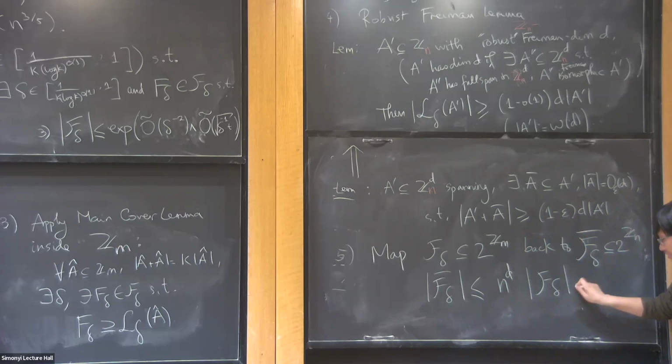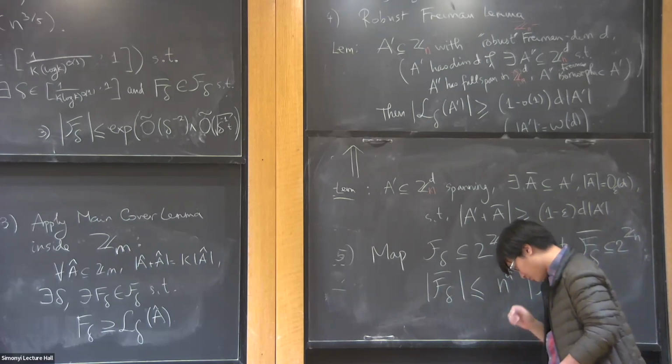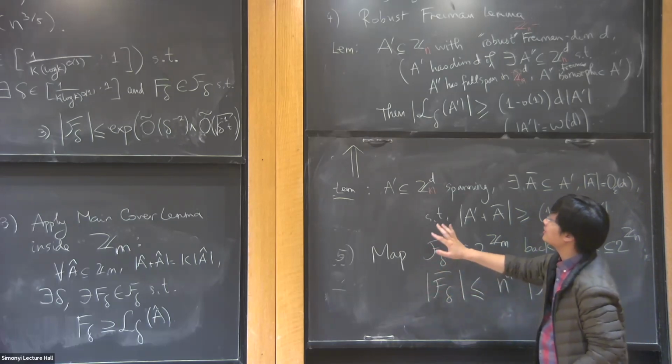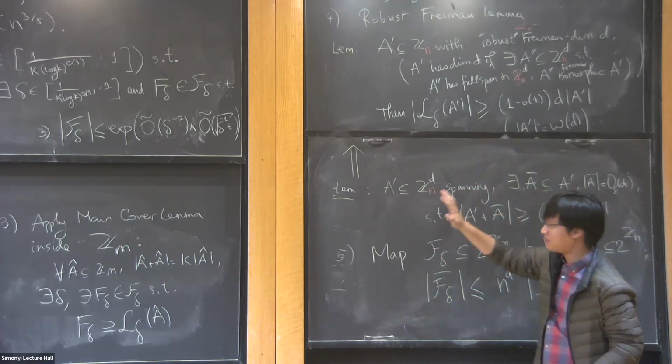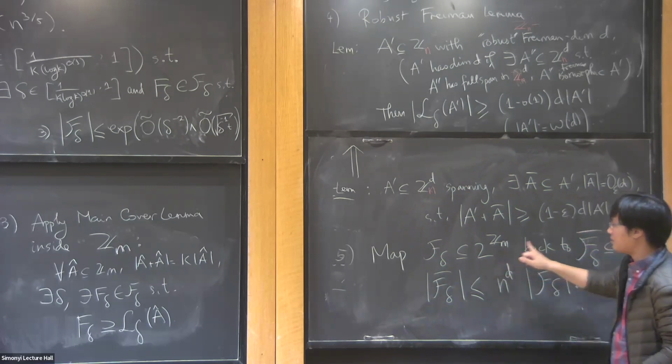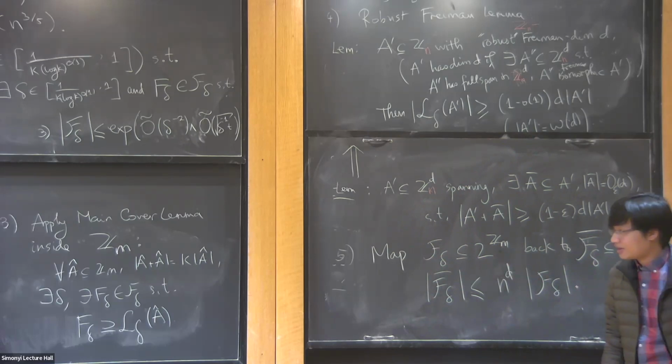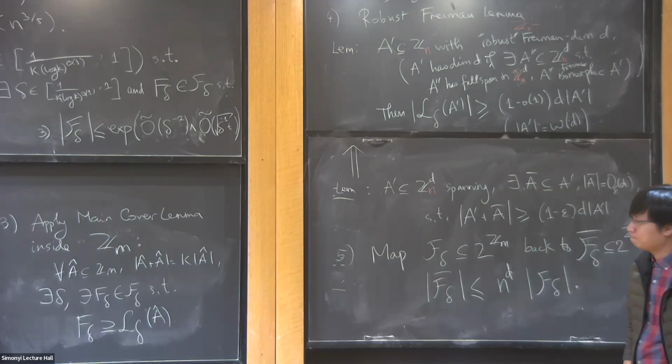Maybe it's not enough time for me to tell you all of the detail, so we don't have to worry about the detail here. The point is that once we have this, we can map the image in Zn back to Zn, and that will now allow us to conclude the proof. We'll use this cover to rule out the existence of large independent sets in Zn. Okay, I think I'll stop here.